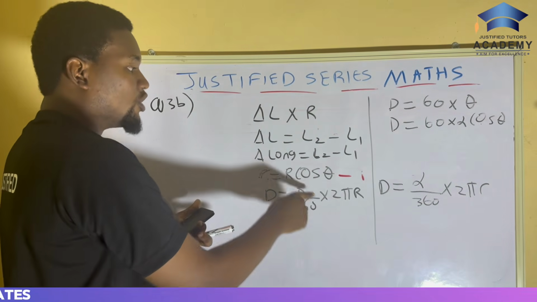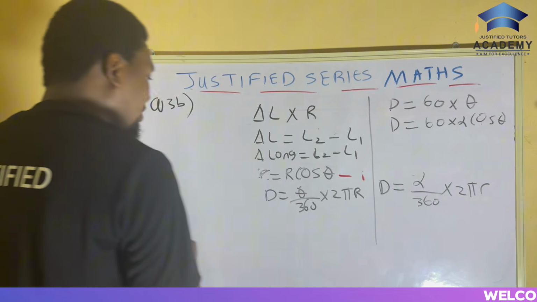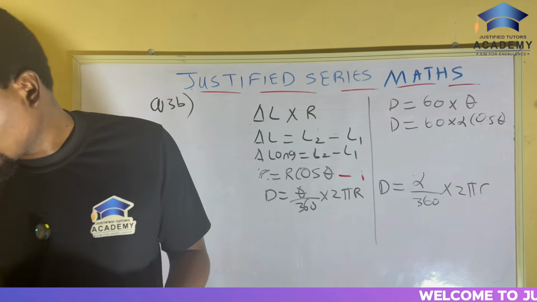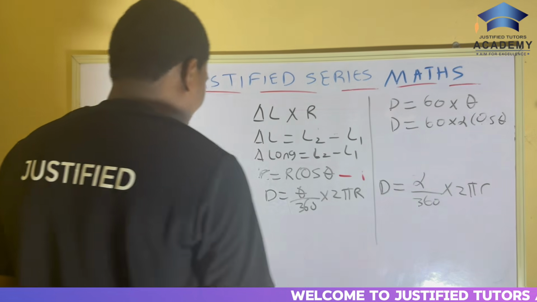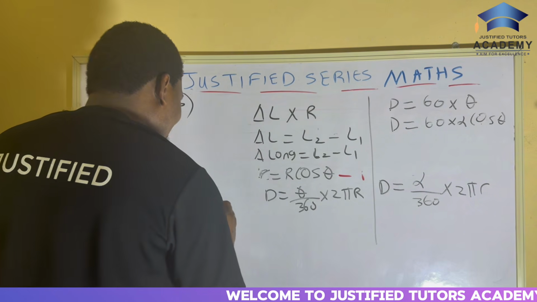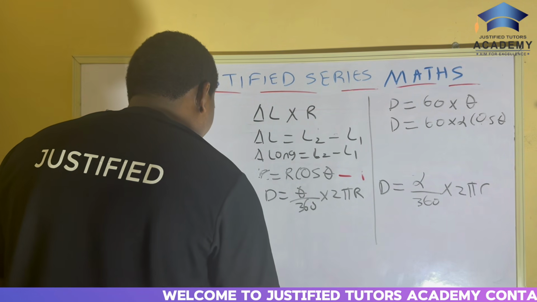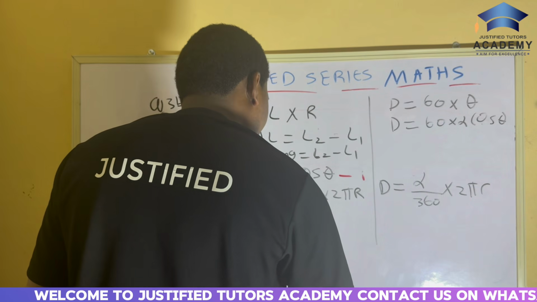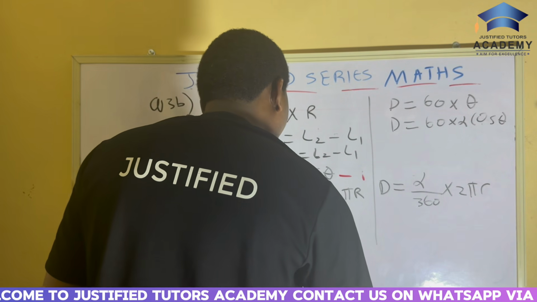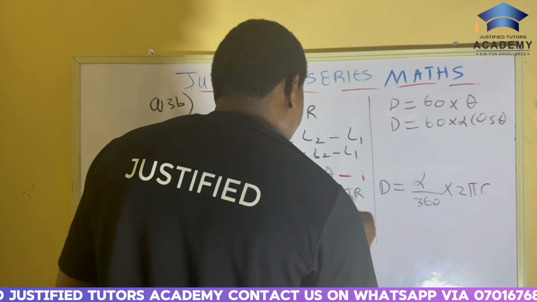So we can rewrite this formula, and I will now use the red marker to write it. We can write it as d equal to alpha over 360 times 2 pi R cos theta.